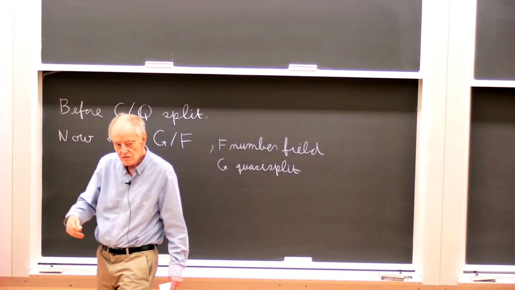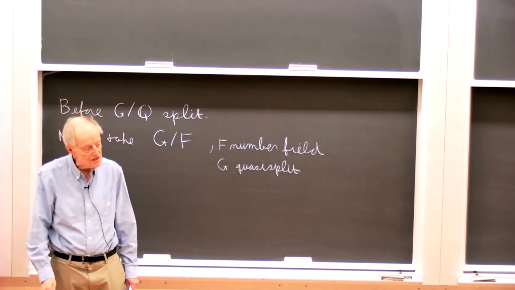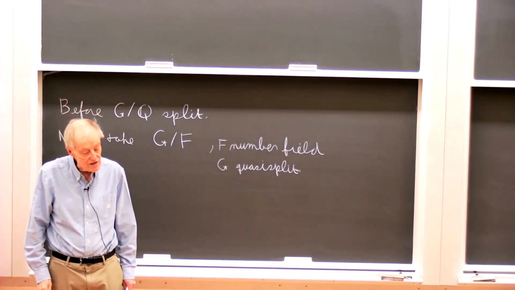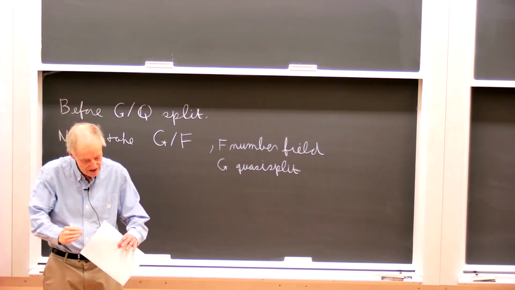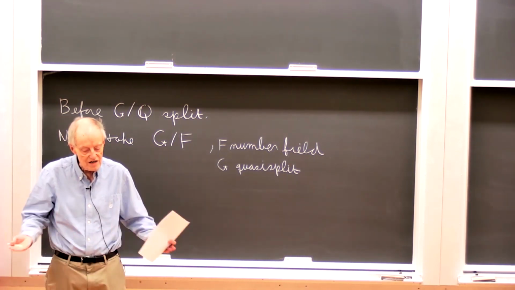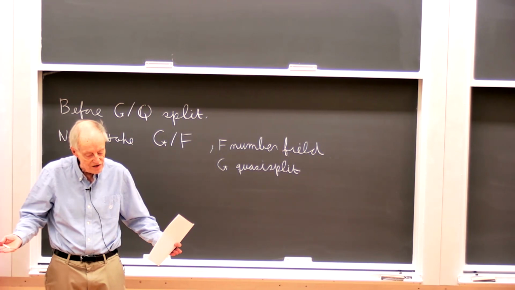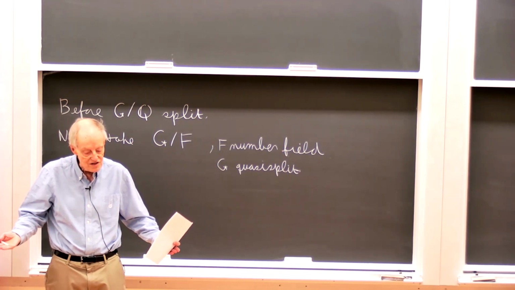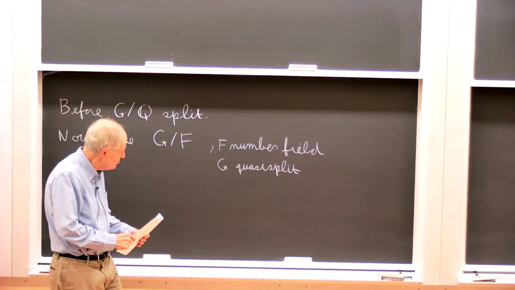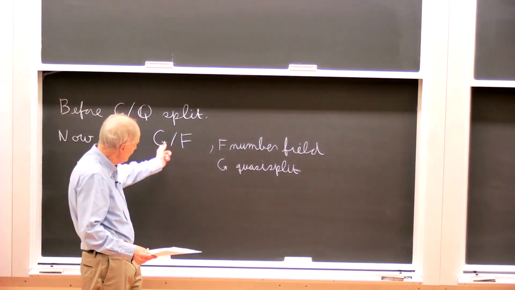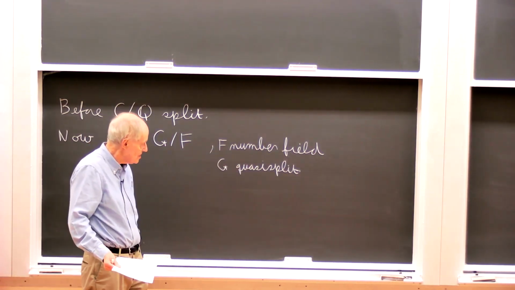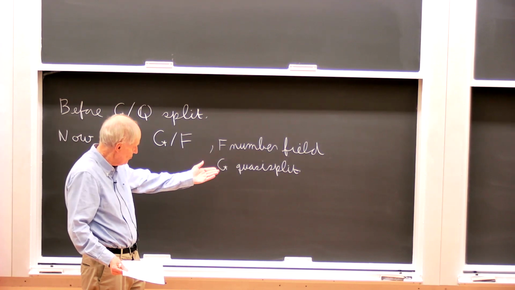The definition of quasi-split is that the group G has a Borel subgroup, which is a maximal solvable subgroup. Any reductive group G has a Borel subgroup. It's just that it's not necessarily going to be defined over the ground field. If the ground field is algebraically closed, it always has a Borel subgroup defined over it.